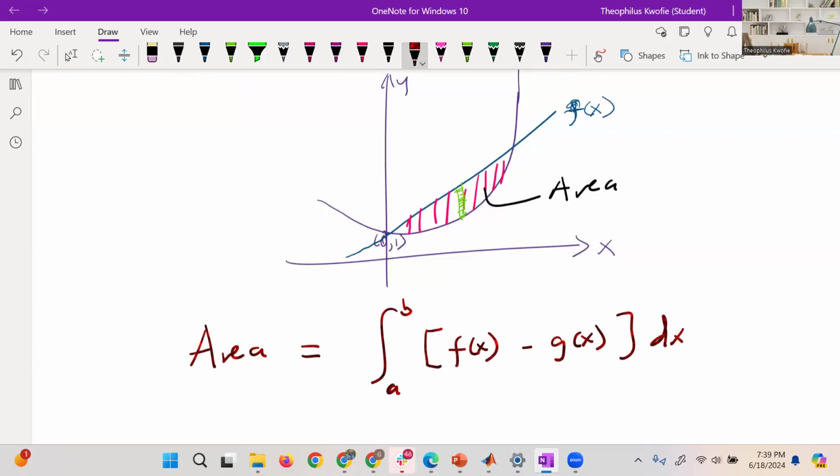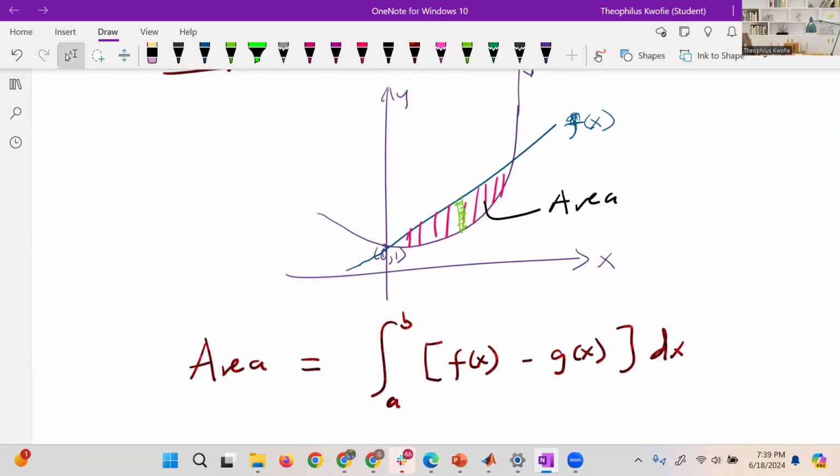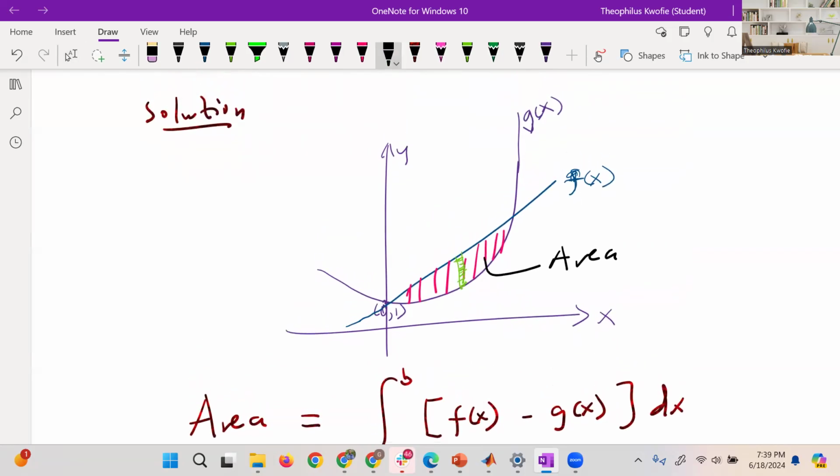But at this point, it's important for us to know the point of intersection, or the interval on which this area exists. So we may want to try and find that. From this point, we already know one point of intersection is here.